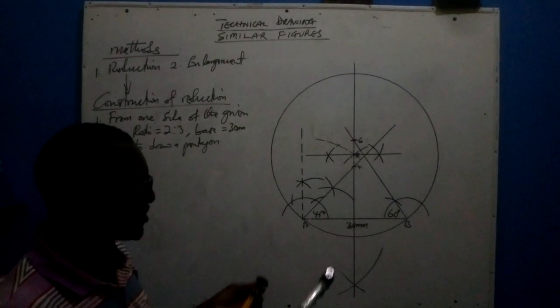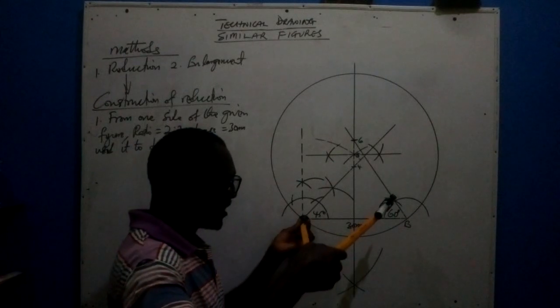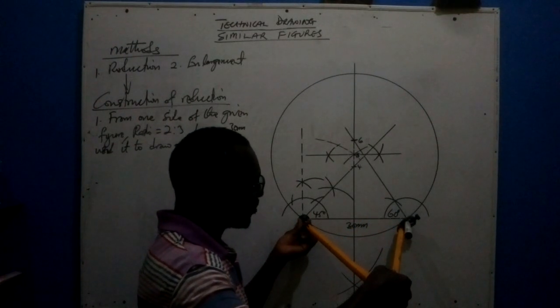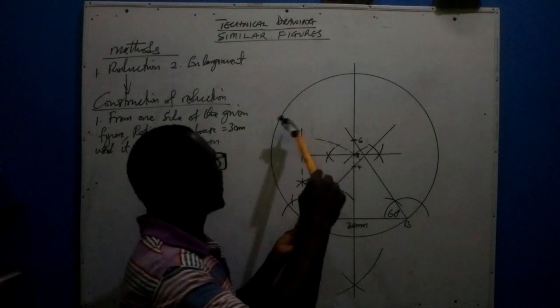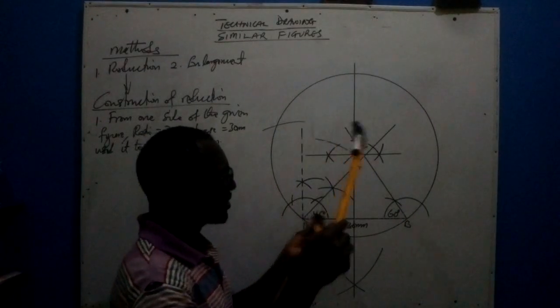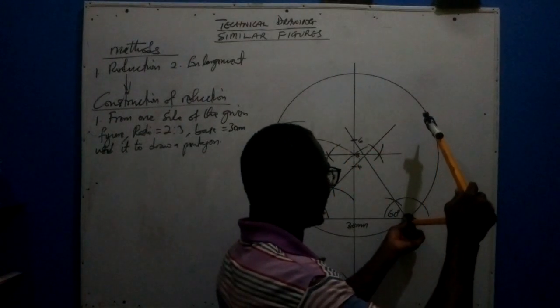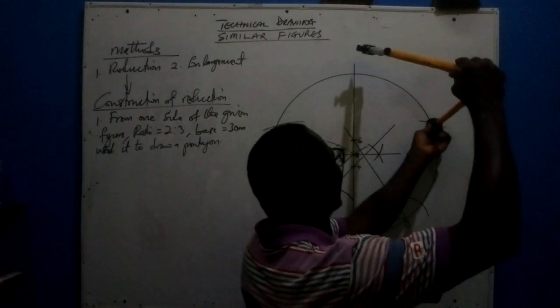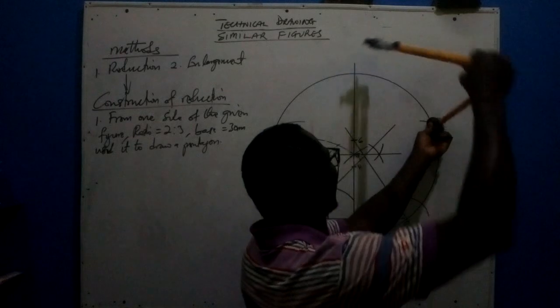After that, you measure the base length given to you. I stand on A, I've marked. Stand on B, I've marked. And I can stand on the next one, and I'll mark.